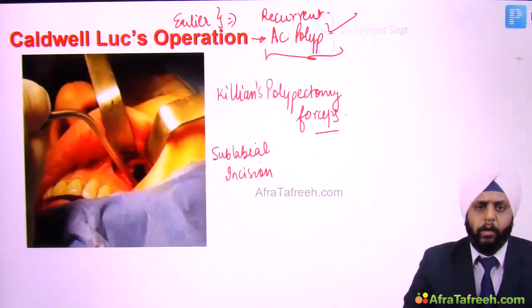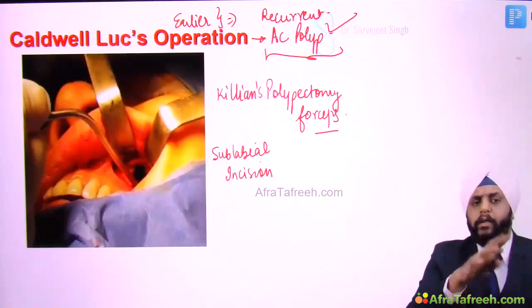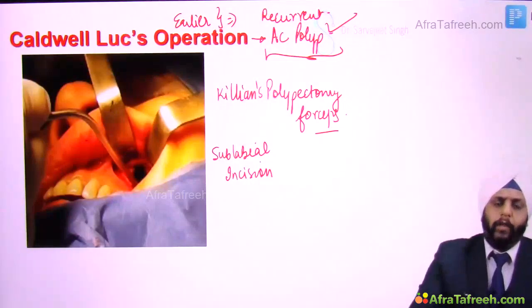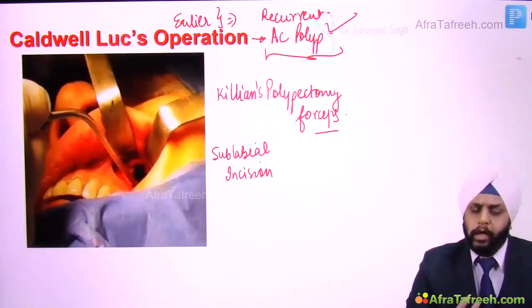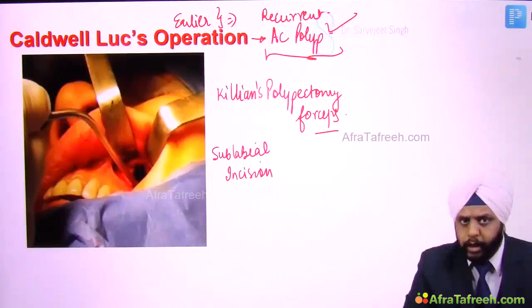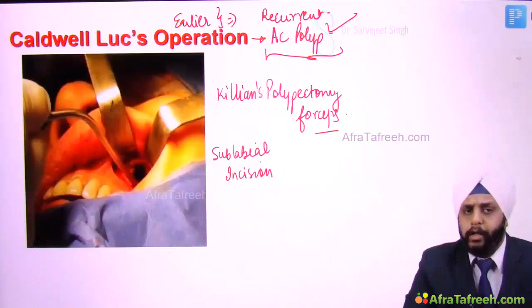Why? Because when we do the surgery, when we do the FES, we make the maxillary antrum ostium wide. So when we do FES, we can remove whatever the content of AC polyp is there inside the maxillary antrum also, right? So we need not remove all the mucosa of the maxillary antrum.